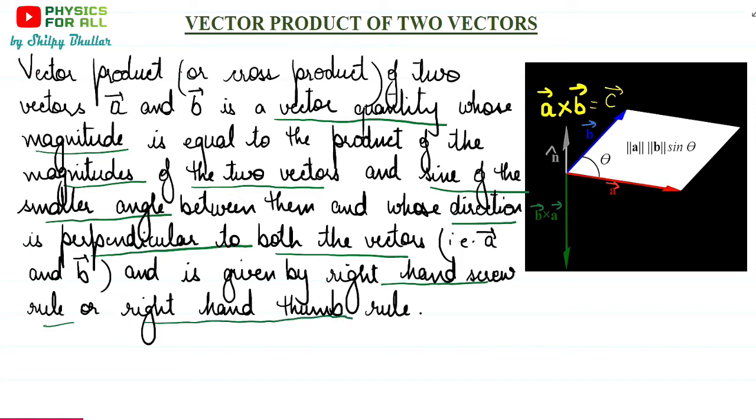With the help of these two rules we can understand how the final resulting vector matches what is being said.